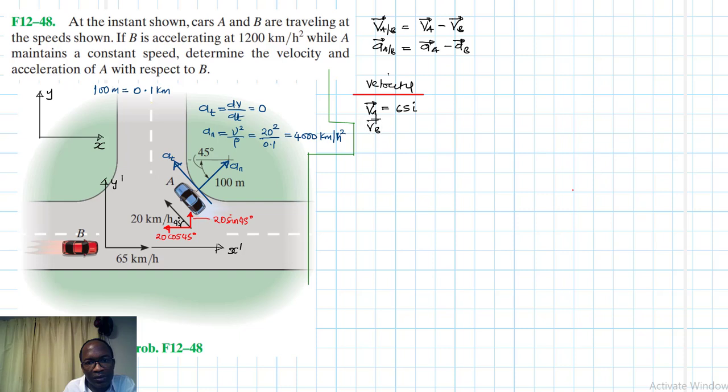VB, we have two components, so VB is equal to negative 20 cos 45 i plus 20 sine 45 j.